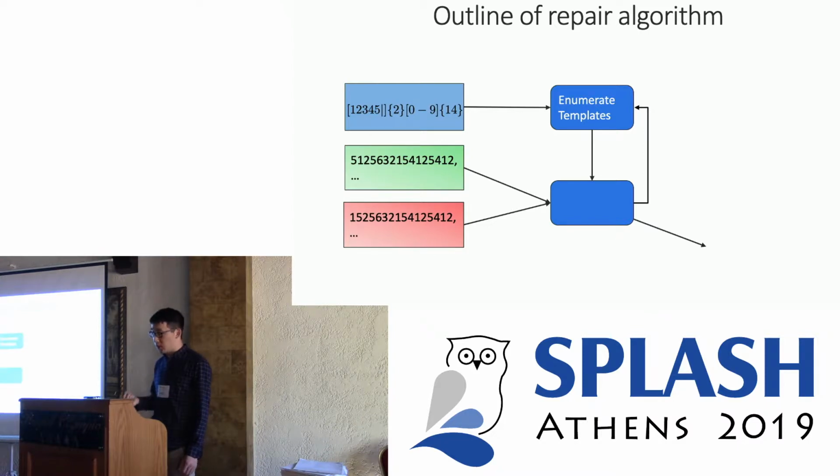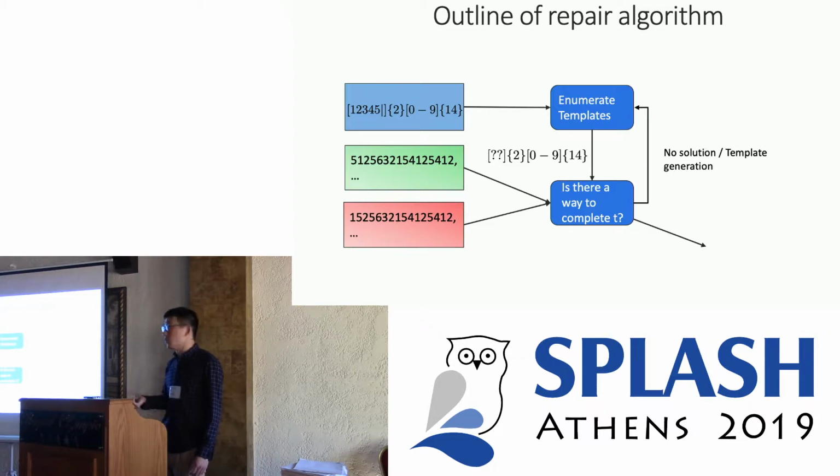So given the template, we showcase how our algorithm works by running an example. First, by taking the initial expression, we generate a set of initial templates, and we enumerate each template one by one. And for each template T, we ask, is there a completion of T such that it is correct on examples?